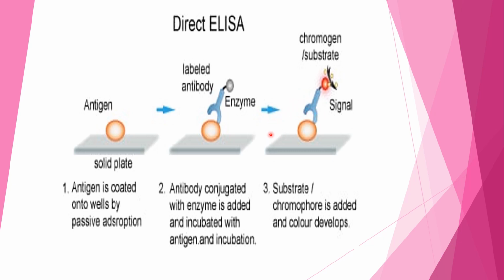This primary antibody attaches to the surface of the antigen. Then after incubation, a substrate is added which reacts with the enzyme conjugate, then produces signals. These signals give color for the positive results and color doesn't appear for the negative result.